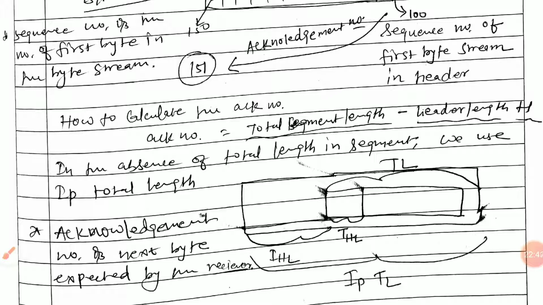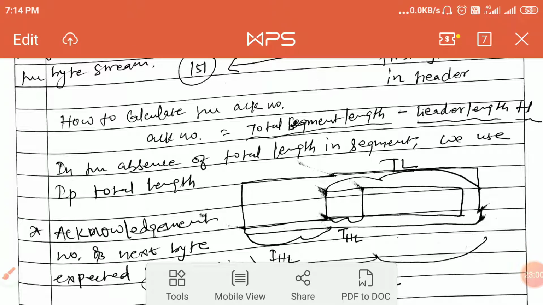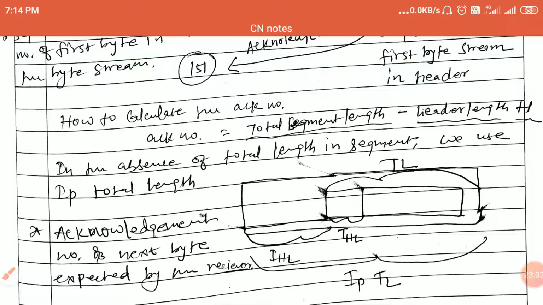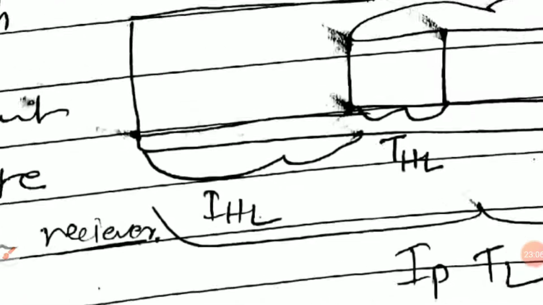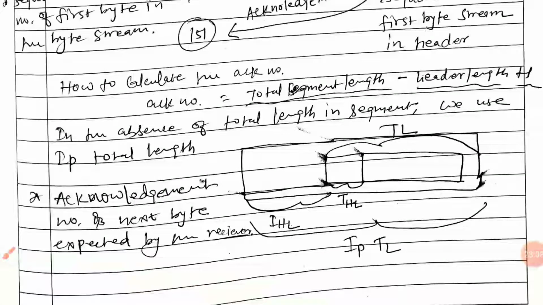So I know that every segment will go through datagrams. In the datagram, if you see this diagram, this is the complete datagram. Inside the datagram there is a segment. So the datagram has two fields: one is the IP header field and another is the IP total length.